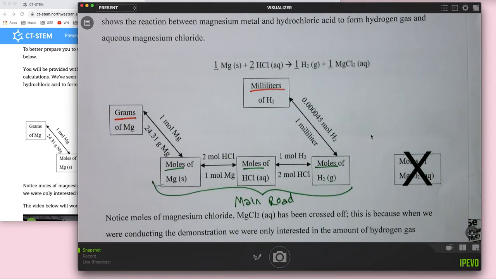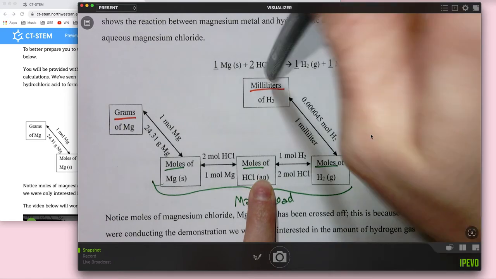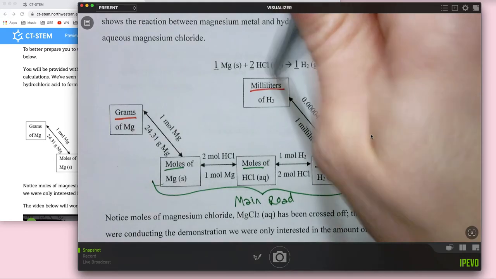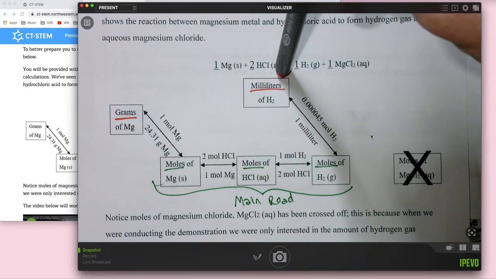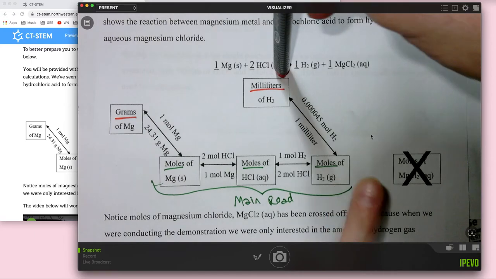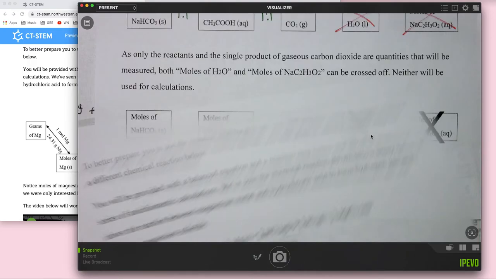You'll notice that we can only go where we have arrows. So we cannot go from moles of hydrochloric acid to milliliters of hydrogen gas. We can only get to milliliters of hydrogen gas if we start off at moles of hydrogen gas, or if we get to moles of hydrogen gas. Okay, so let's go through some sample problems.